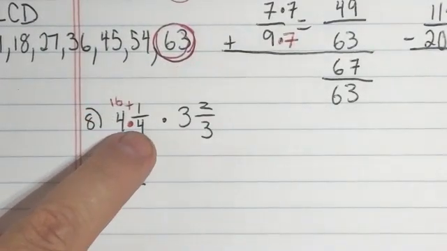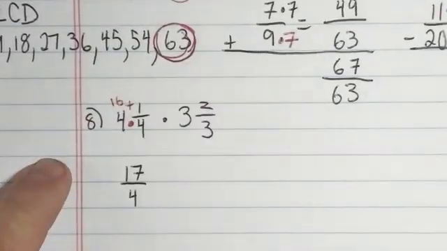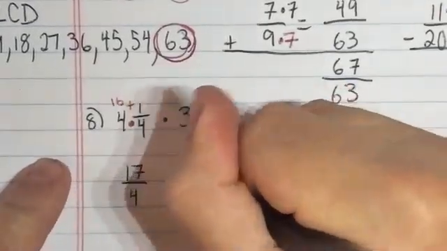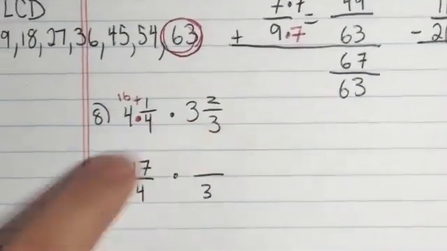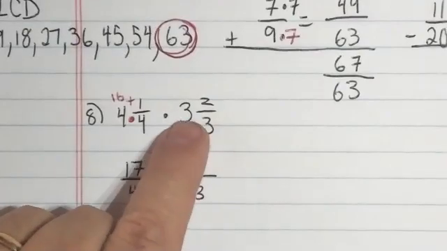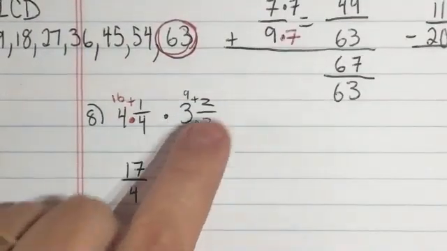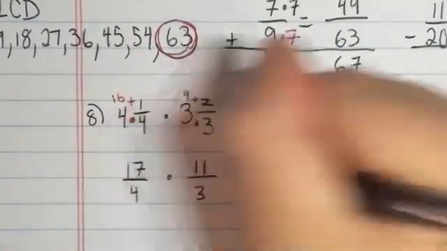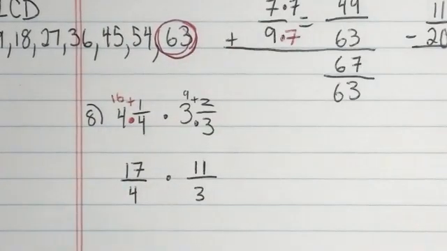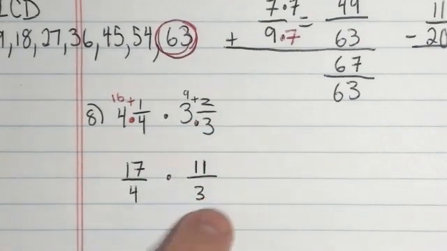The denominator stays the same. Then 3 times 3 gives me 9, and 9 plus 2 gives me 11. So I rewrote both of these mixed numbers as improper fractions.